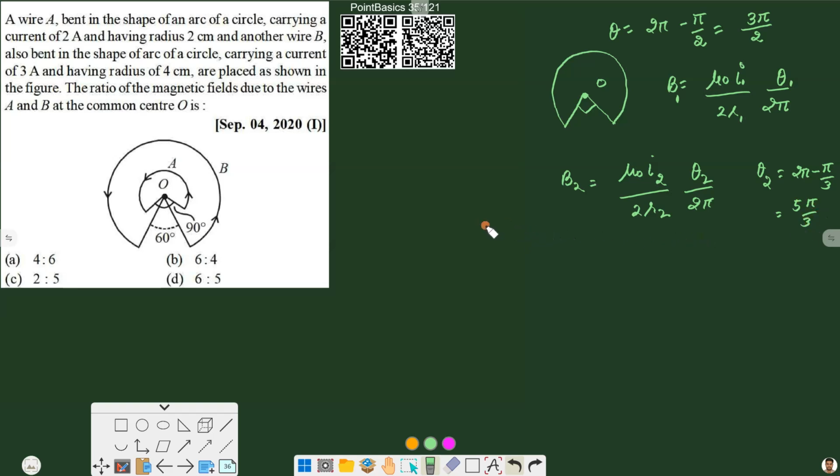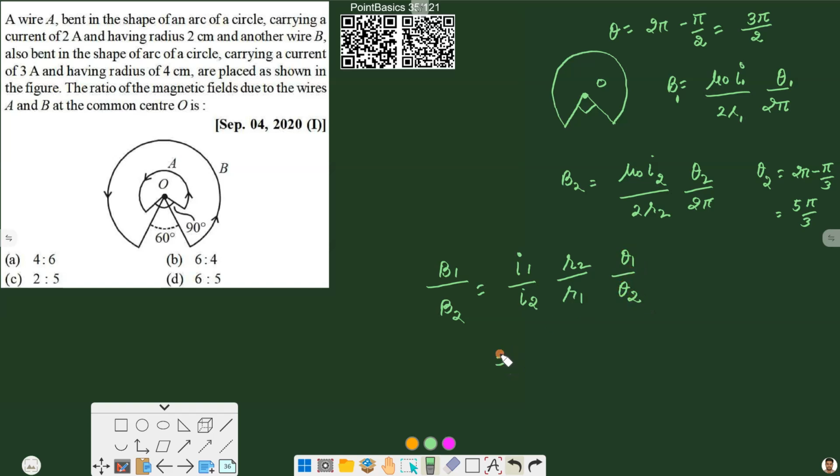So we have to find out the ratio. The ratio will be: mu naught and 2 are the same for both, and 2 pi is the same for both, so they will get cancelled. We will have I1 by I2 and R1 by R2, and also theta 1 by theta 2.